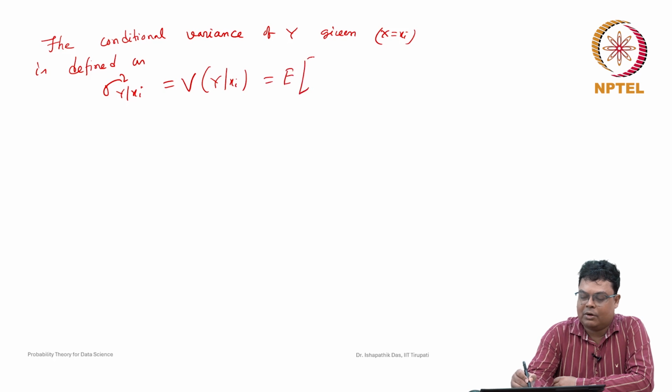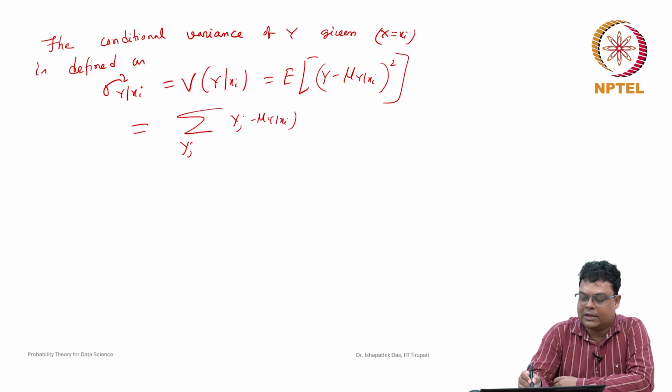It is the expected value of Y minus mu of y given xi, which we have already defined, whole square. It can be represented as the summation over all possible values of yj minus mu of y given xi whole square, multiplied by the conditional probability mass function of yj given xi.